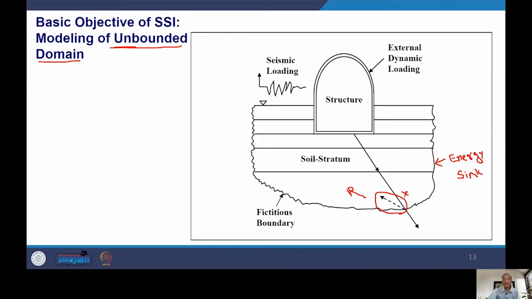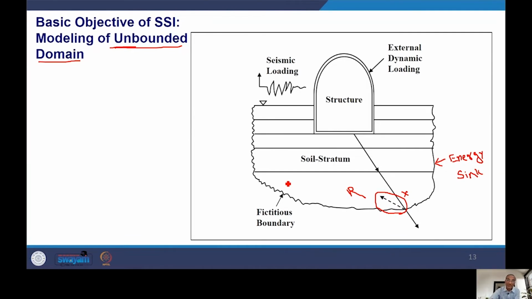So this boundary will be acting like an absorber. Once this is done, you are able to simulate this boundary perfectly. And there are different choices to model this boundary, which we'll discuss later. Here, one thing is there.